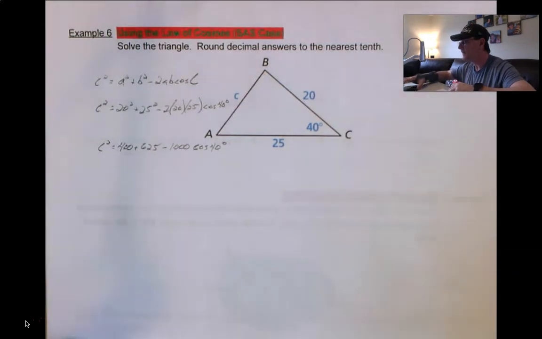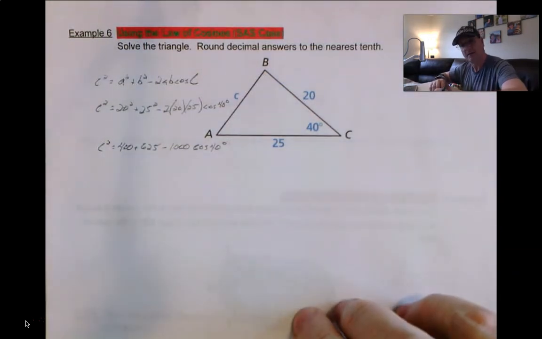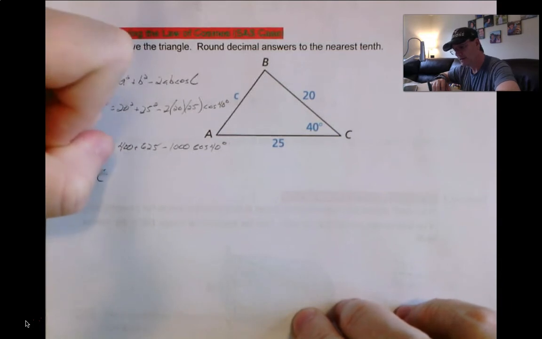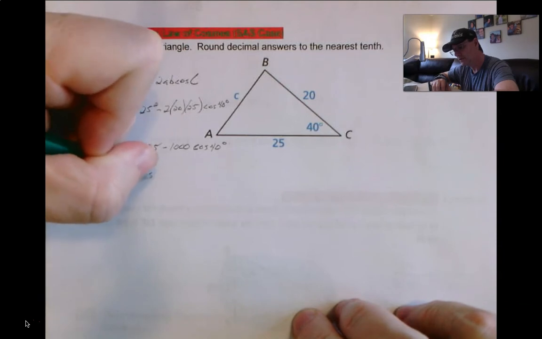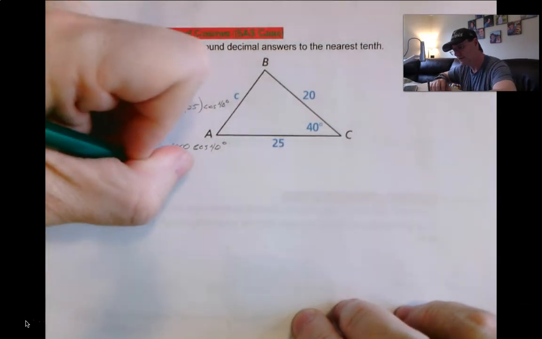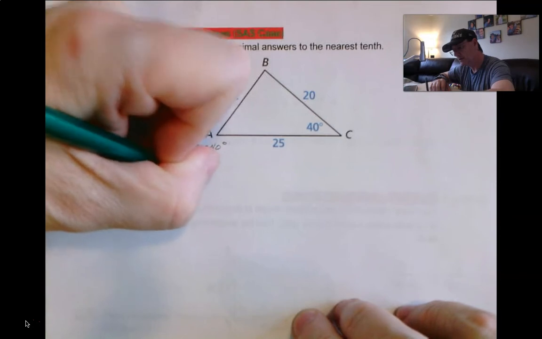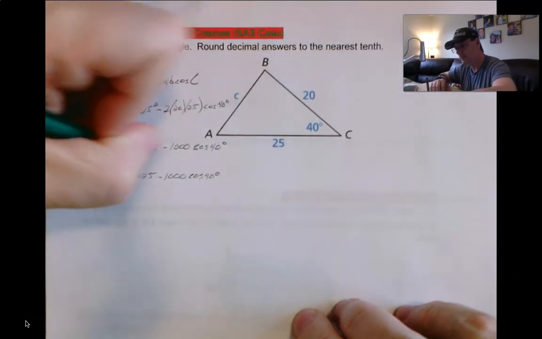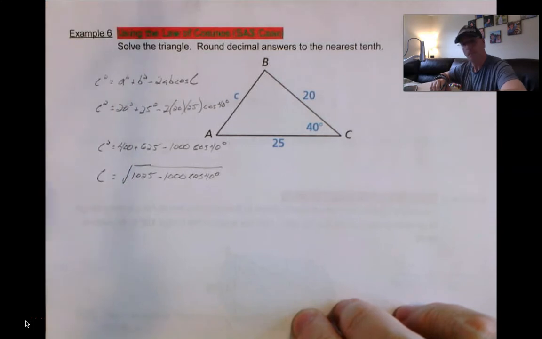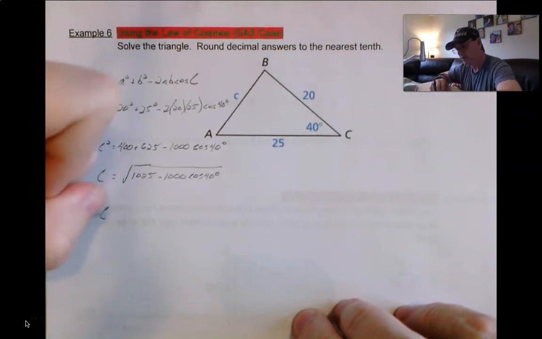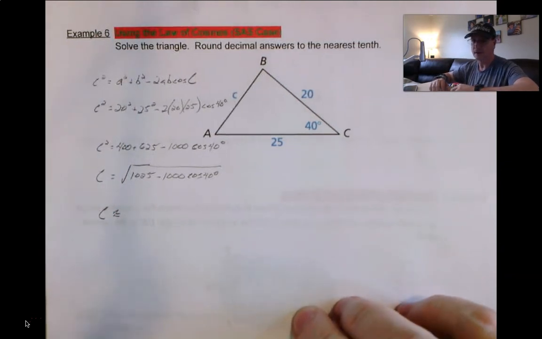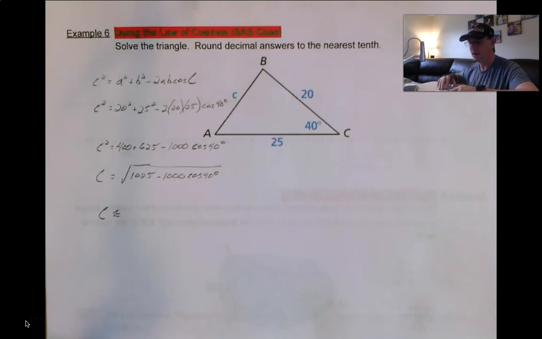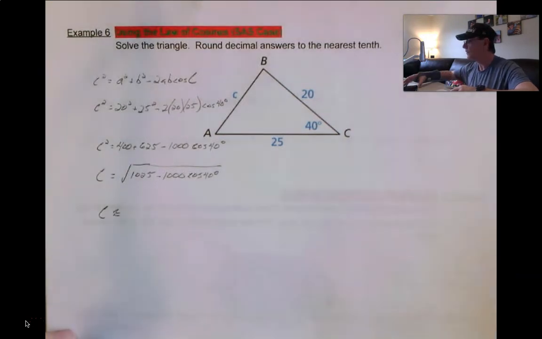Another mistake is to forget to square root. So C is equal to the square root of 1,025 minus 1,000 cosine 40 degrees. Okay, that's approximately equal to, and we're going to round this to the nearest tenth. So again, you're going to have to practice with your calculators, entering this in correctly and knowing how your calculator works.